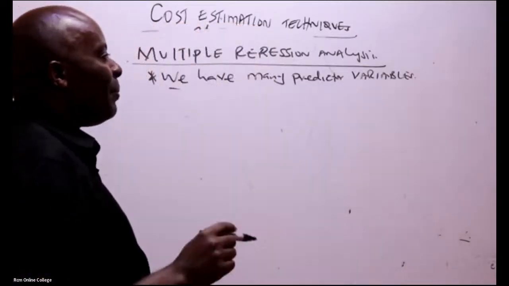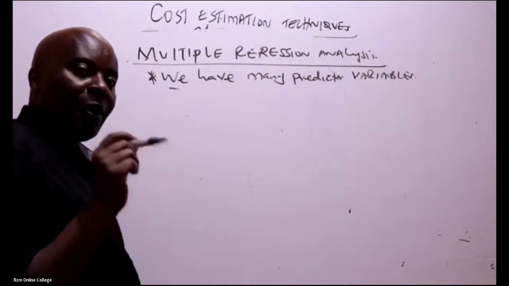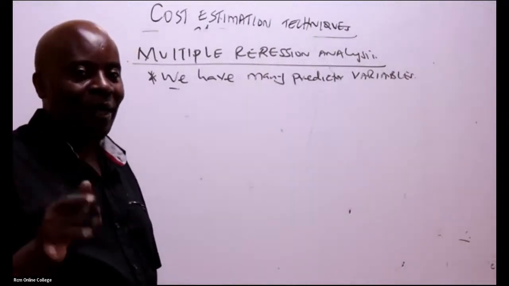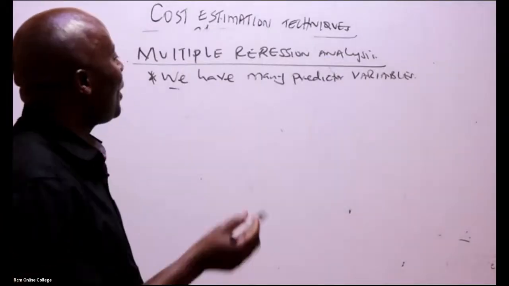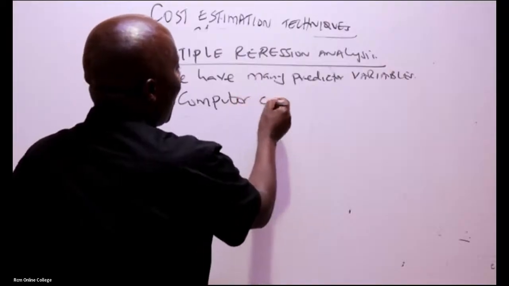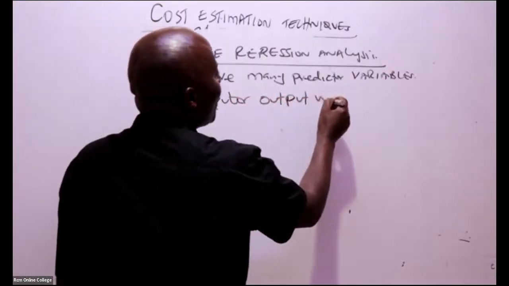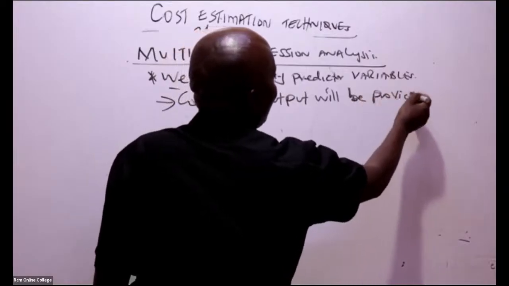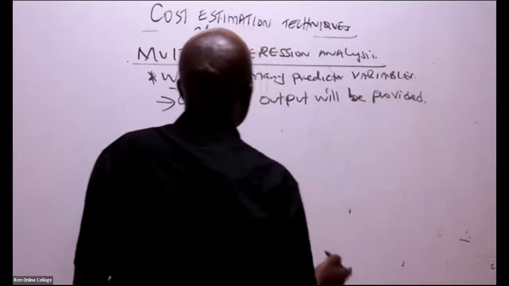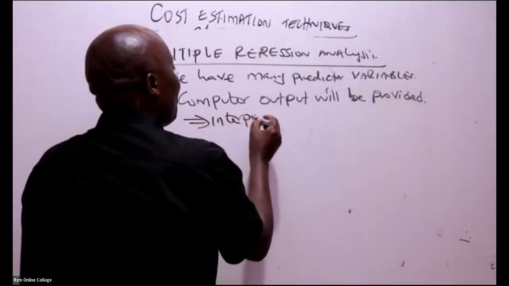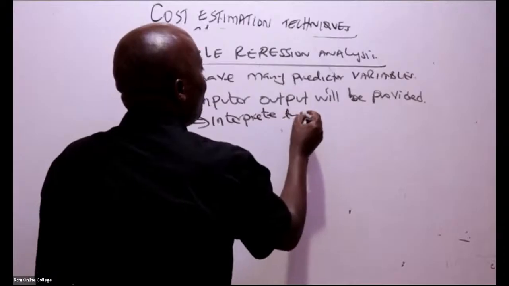We'll be given many predictor variables. So when you are given many predictor variables, the examiner will not examine you in terms of getting the value of B and A using formula. He will give you a computer output. A computer output will be provided, and then our work will be to interpret the output.